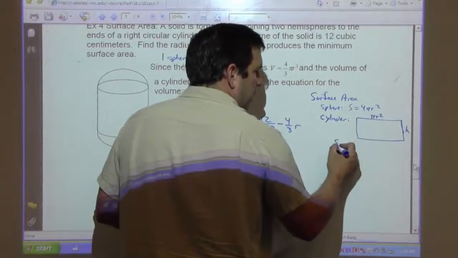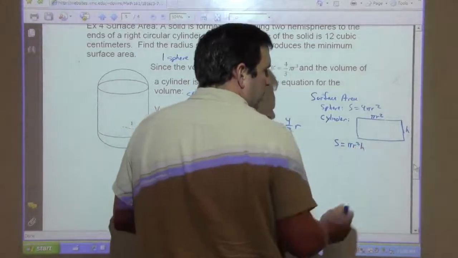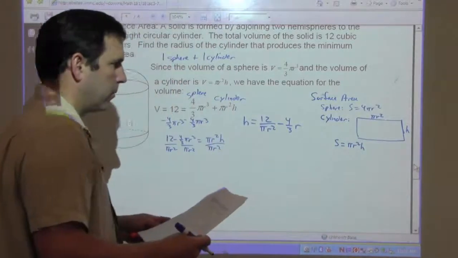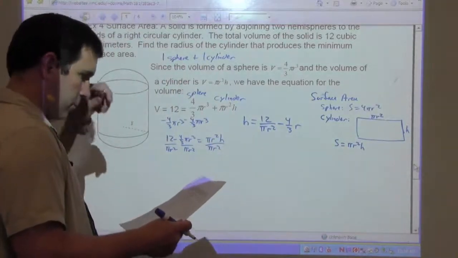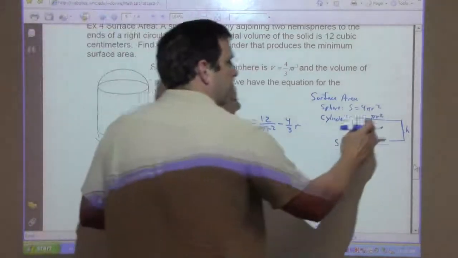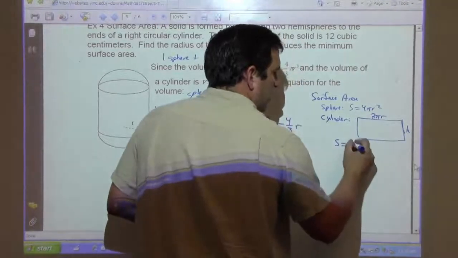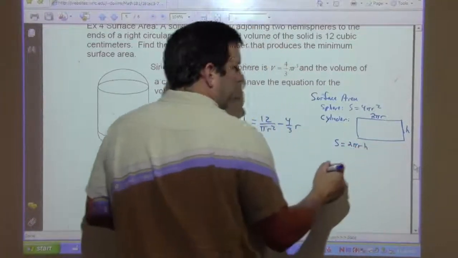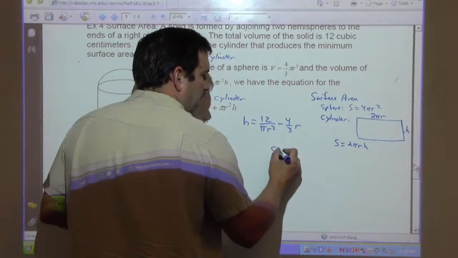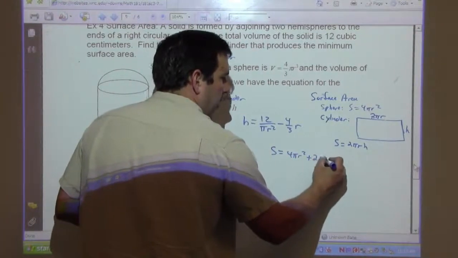So for this, the area is going to be pi r squared h. I'm sorry, that's 2 pi r. So it's 2 pi r h. So our total surface area, S, is going to be 4 pi r squared plus 2 pi r h.